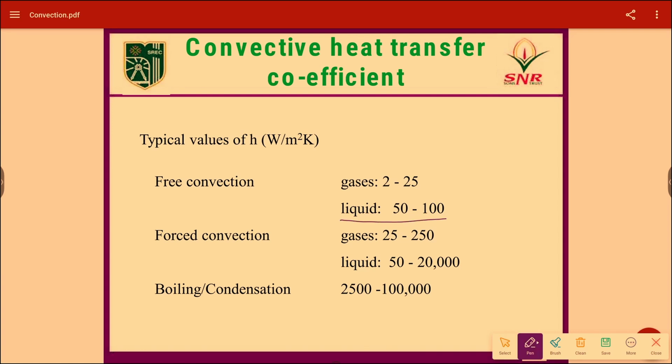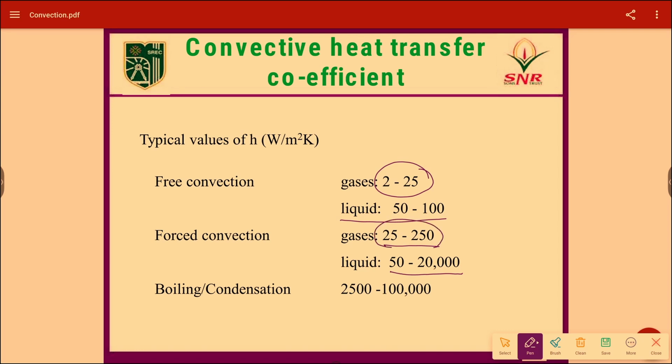On the other hand, for forced convection the values are from 25 to 250 for gases, and for liquids from 50 to 20,000. Just compare: for gases the free convection value is from 2 to 25, whereas in forced convection it is 25 to 250.